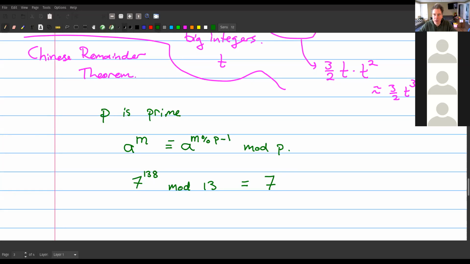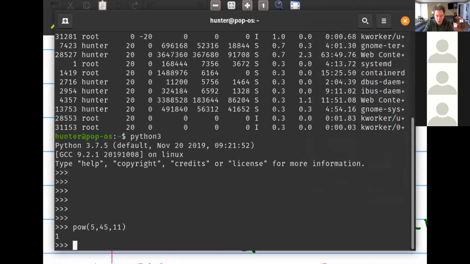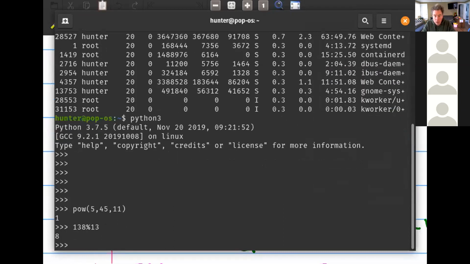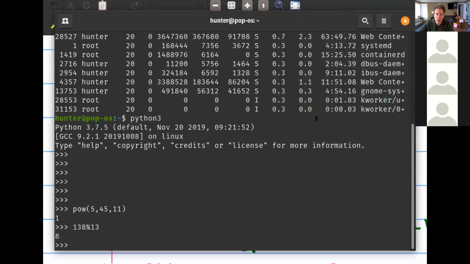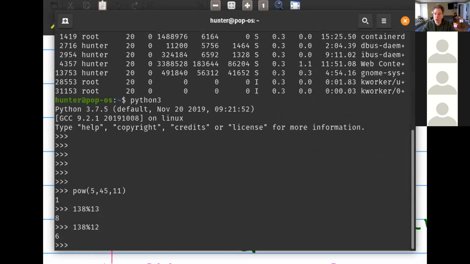Let me figure this out. 138 mod 13 turns out to be 8. Oh shoot, I did the wrong thing. It's supposed to be mod 13 minus 1, which is 12. So it's 6. Okay.